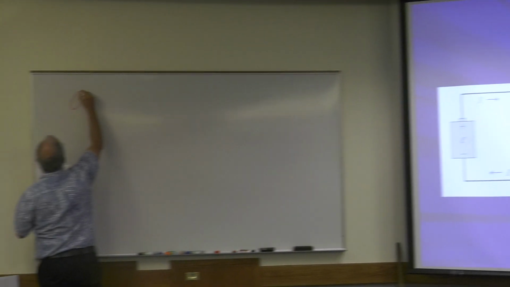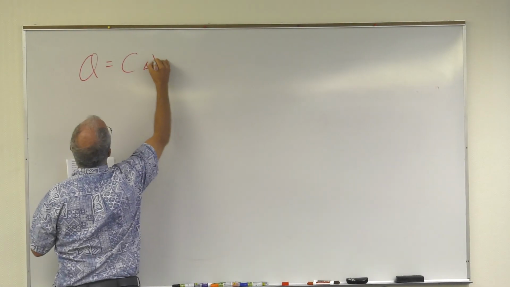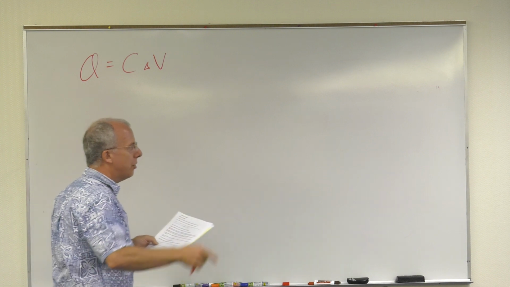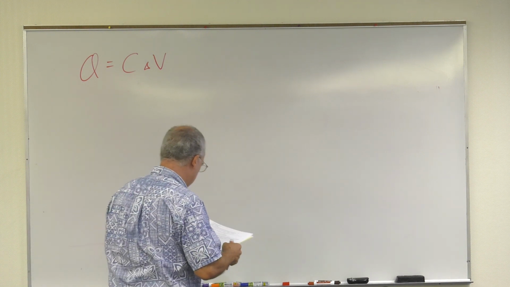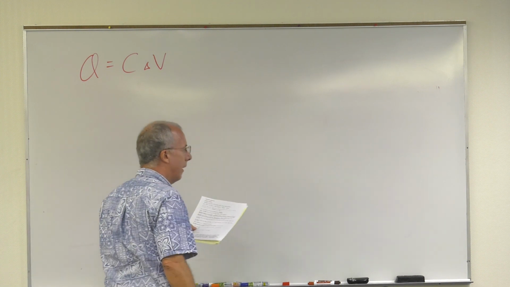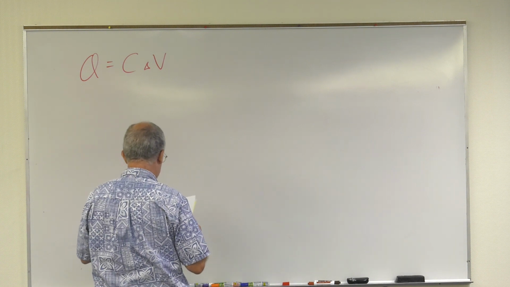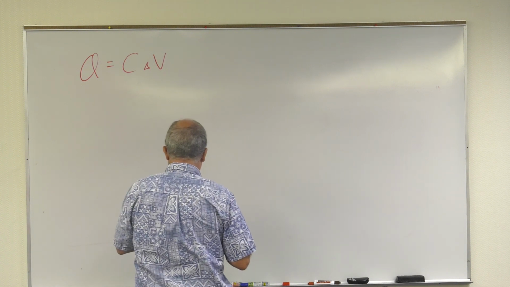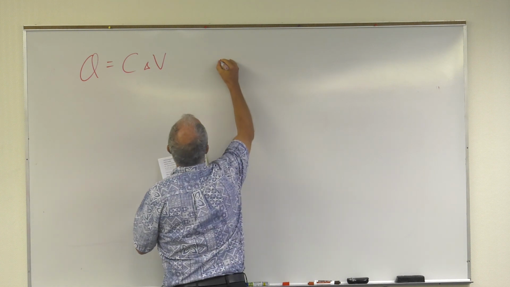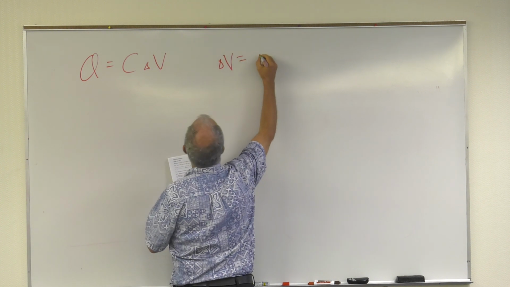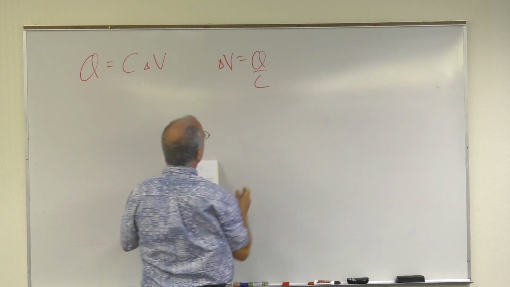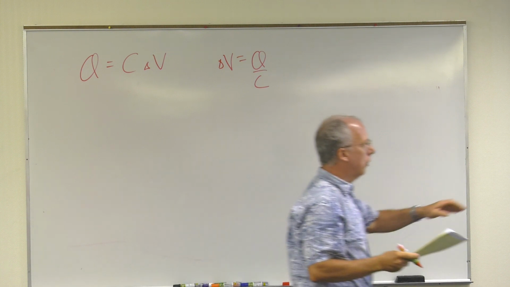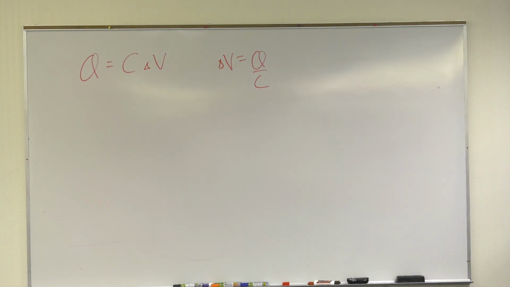So Q equals C delta V. Capacitors in series have the same charge. That's just great. All right, so let's solve for delta V. So delta V is Q over C. So let's figure out the total voltage drop from here to here.